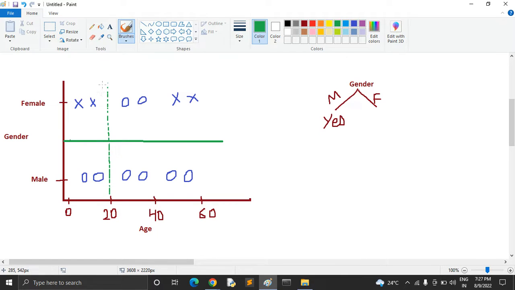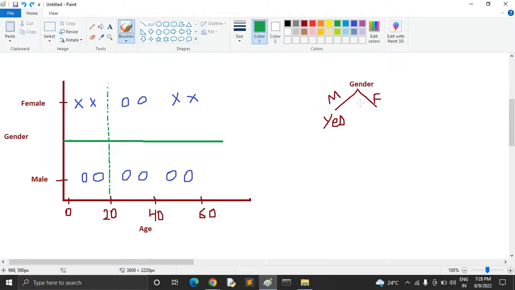Now if you notice this dotted decision boundary, which is created using the age column, people who are less than 20 years old dislike the movie, and people who are greater than 20 years old, for now let's suppose, if I consider these two people, like the movie.